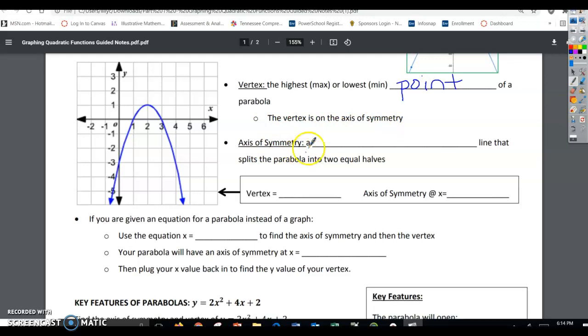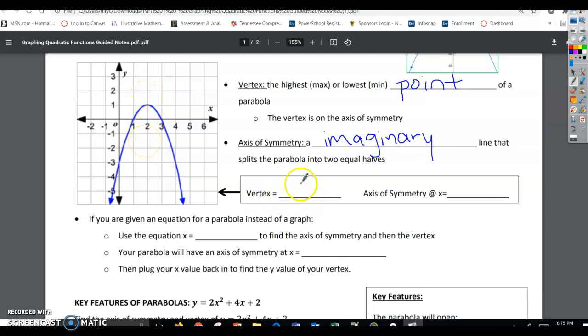The axis of symmetry is an imaginary line that splits the parabola into two equal halves. So for this one right here, it would be the imaginary line that went through x equals 2.